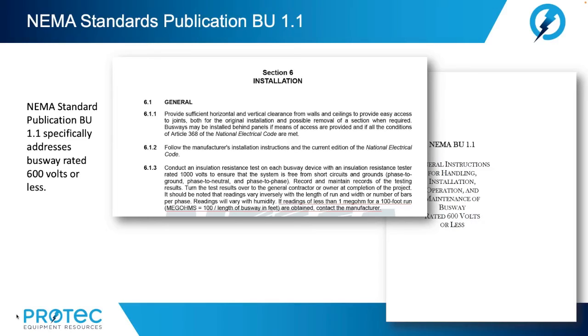Okay, so you might want to write that down. We're going to come back and reference it later in our webinar. But NEMA's recommended resistance value is 1 megohm for a 100-foot busway run. And this would apply to all 600 volt and lower class busway systems.